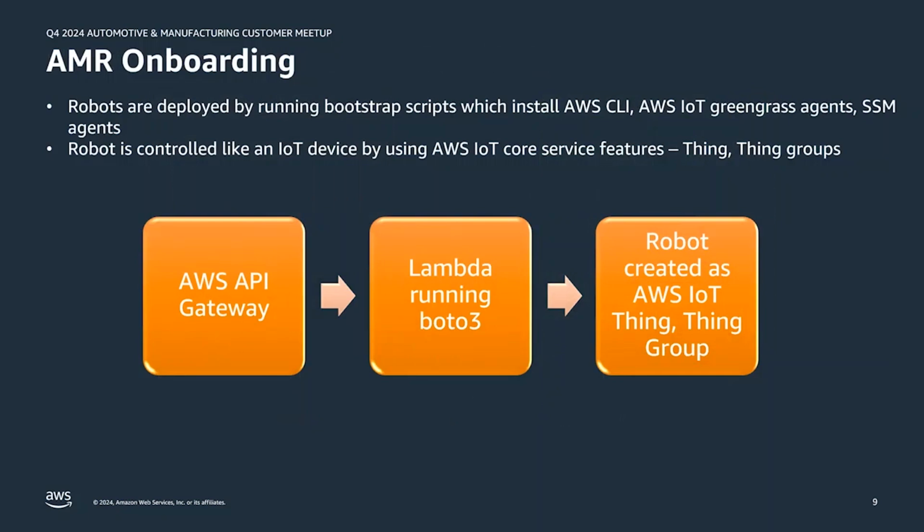I'll take you through some of the use cases where our solution has evolved and modernized by leveraging AWS technologies, such as for enabling seamless AMR onboarding and provisioning, over-the-air updates, remote troubleshooting, and the customer experience. Traditionally, our robots and software systems were not connected to the internet. Therefore, if there were any issues with robots, it would be a manual and time-consuming process to troubleshoot.